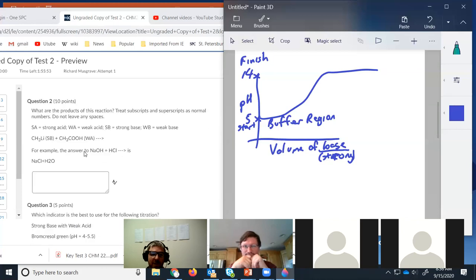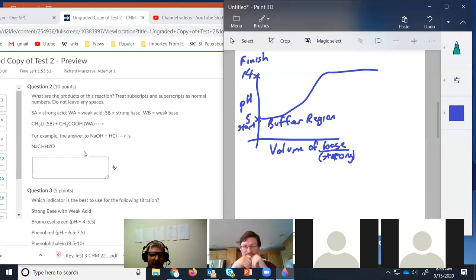Okay, now question 2. This is the one that people hate. I wish there was an easy way to study this one. Anybody got any ideas? This is a horrible question. People really hate it. They detest it.